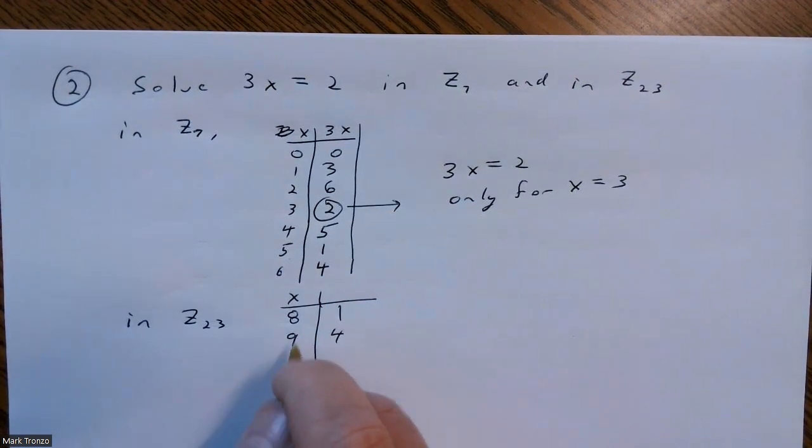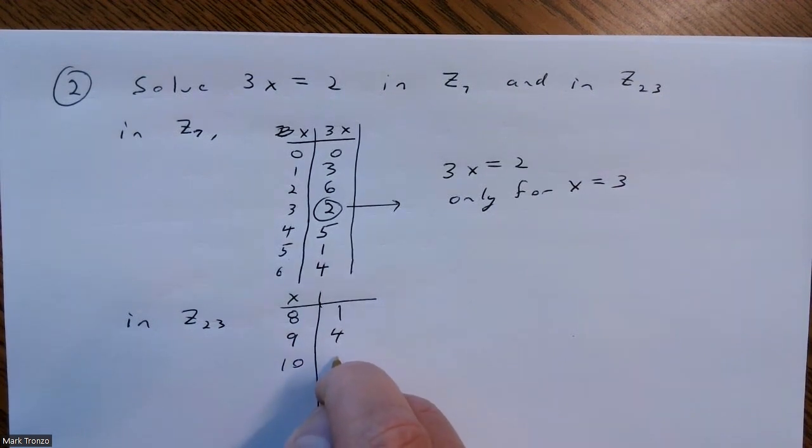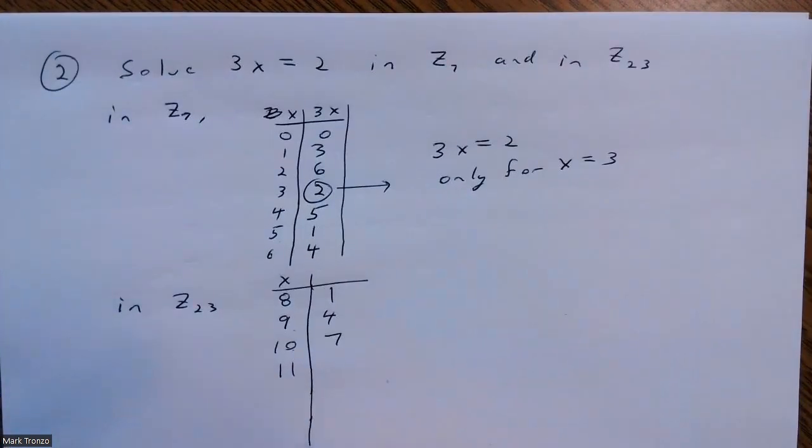And then 10 will give us, let's see, am I doing that right? Did I do that last one right? Not 3 times 9, 27. Yeah, it's 4. And then 10 will give us 7. It'll keep increasing. You can kind of see the pattern.